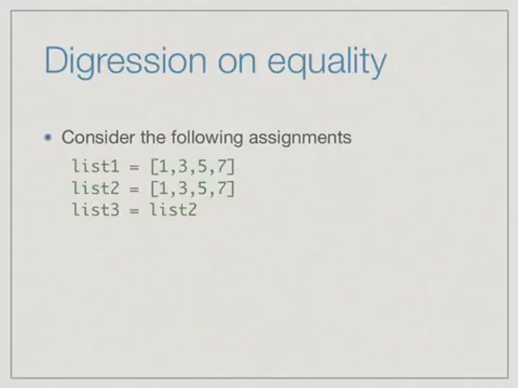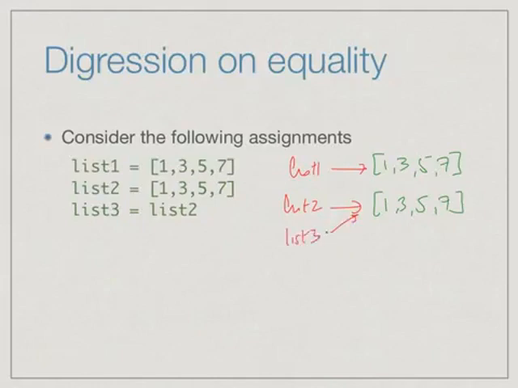And this, as we said, suggests that list3 is actually pointing to the same thing. So we have now, pictorially, two lists of the form [1, 3, 5, 7] stored somewhere. Right? And initially we say that list1 points to this and list2 points to this, and the last assignment says that list3 also points to this.